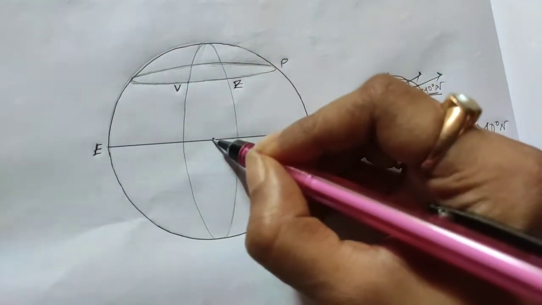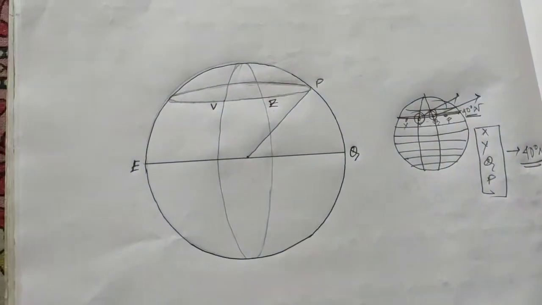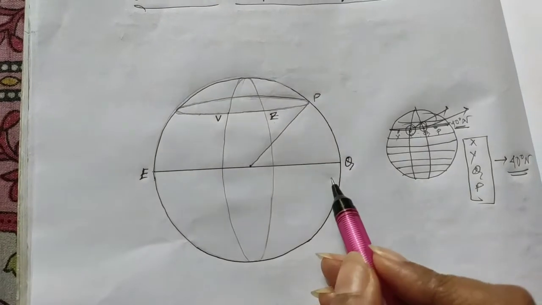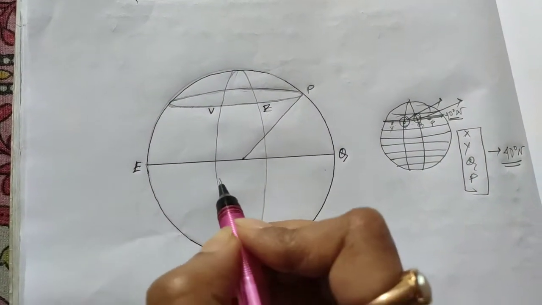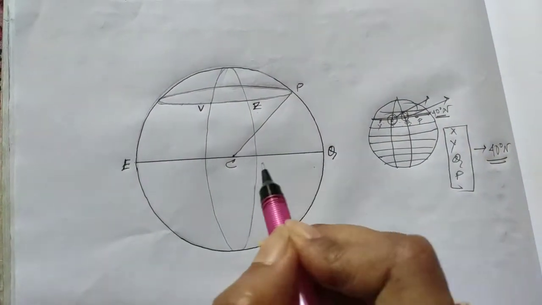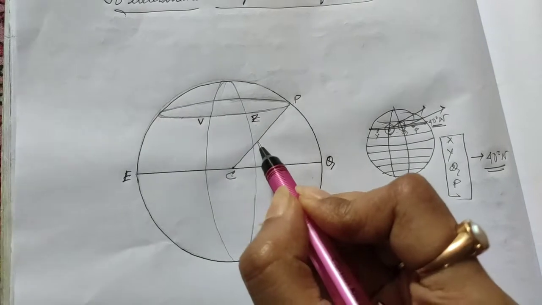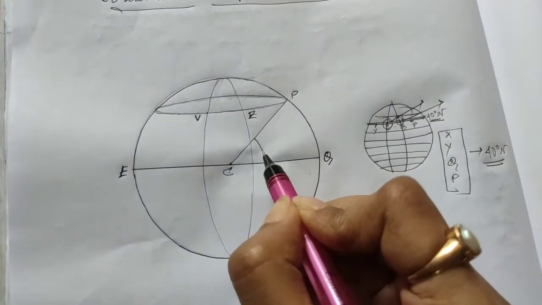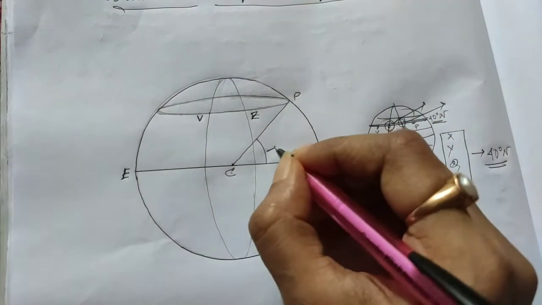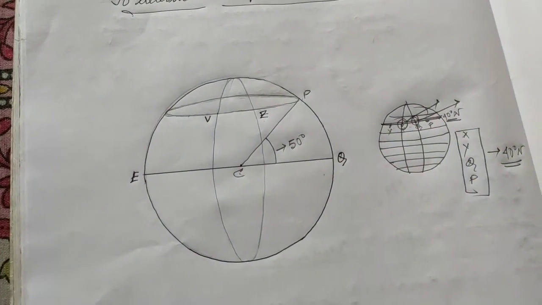Now we know the angle. If I put C because it is the center, then C, Q, C, P, the angle P, C, Q is 50 degrees.